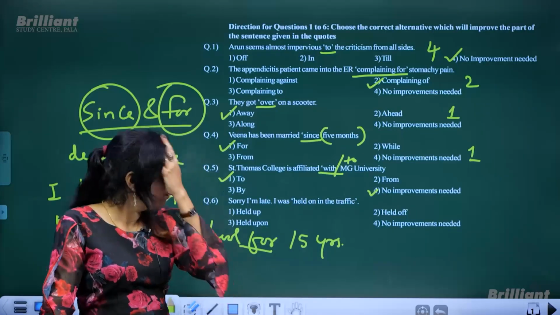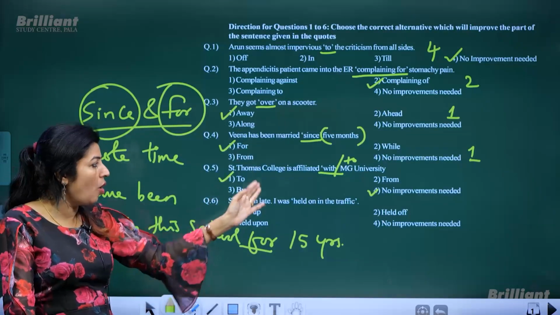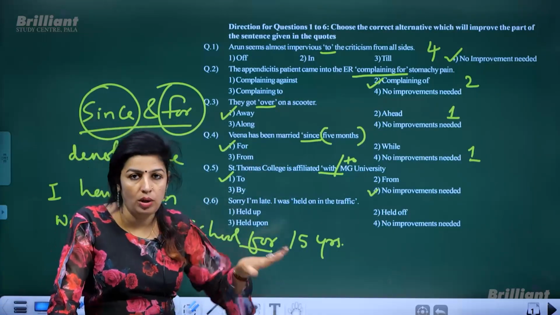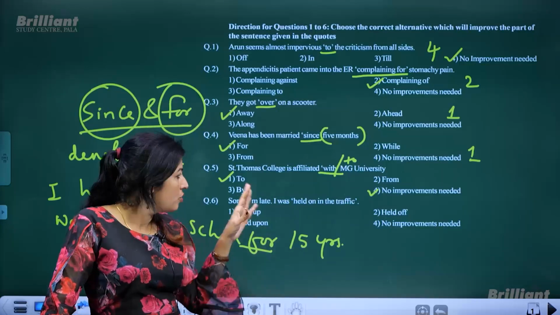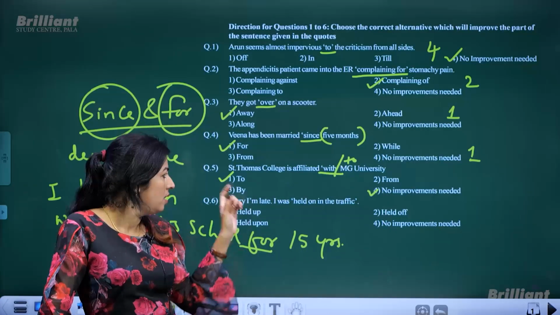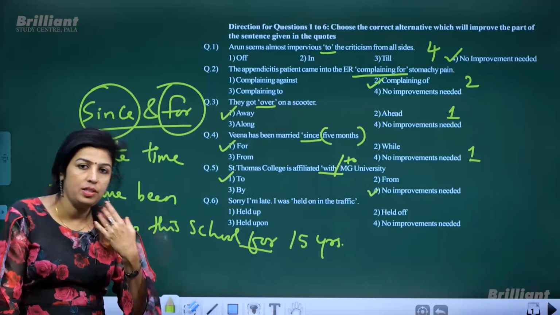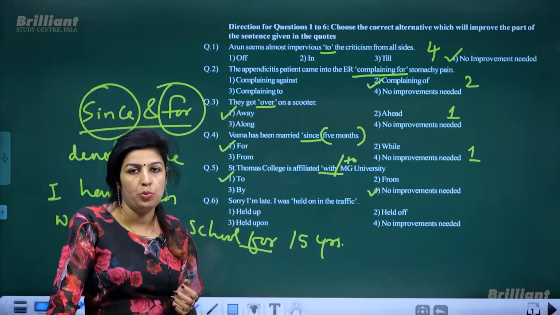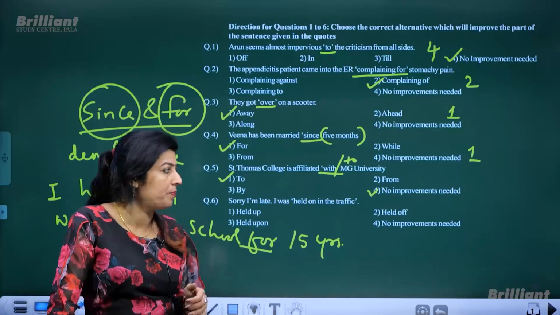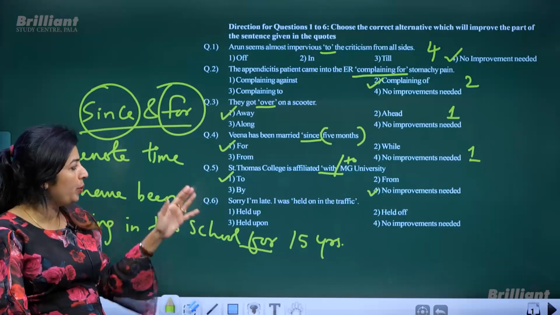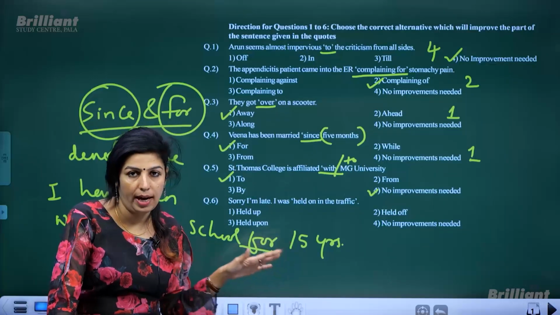Got it? If you use with or to, literally there is no difference. So the meaning of the sentence is St. Thomas College is associated with or has connections with MG University, Mahatma Gandhi University.